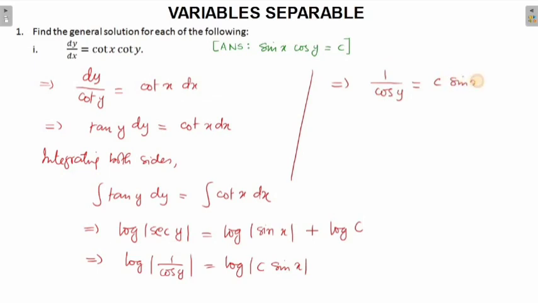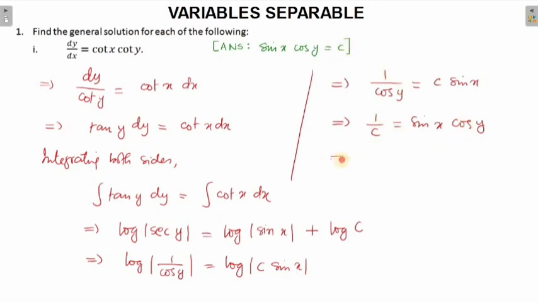Okay, so bring this out here and bring c down there. So you get 1 by c equals to sin x cos y. Now just see what is the solution that I got here. I got sin x cos y equals to a constant, and 1 by c is also a constant.